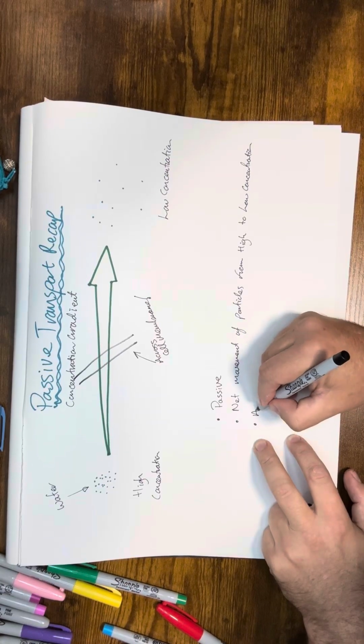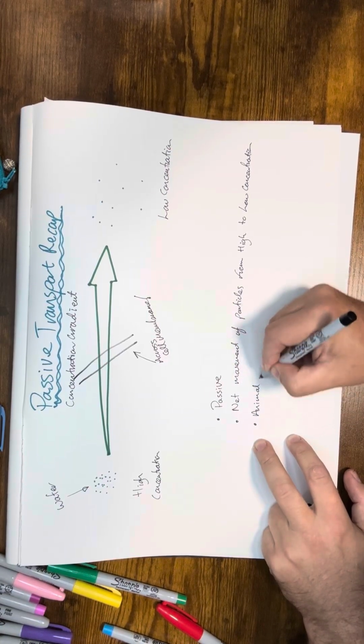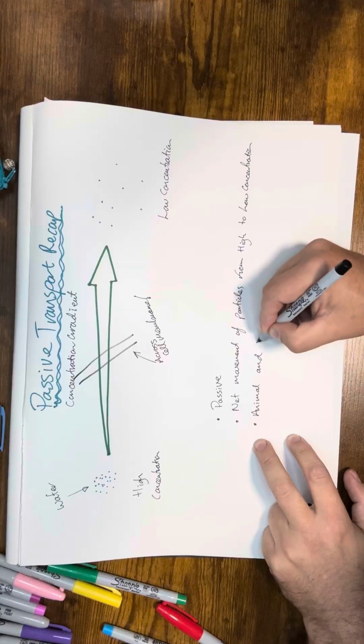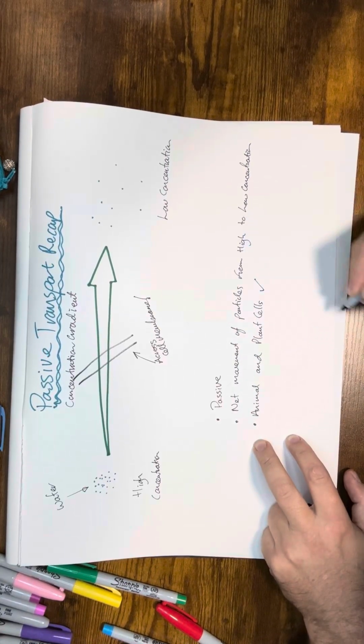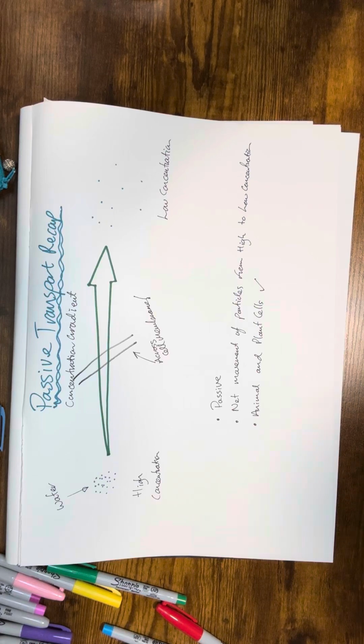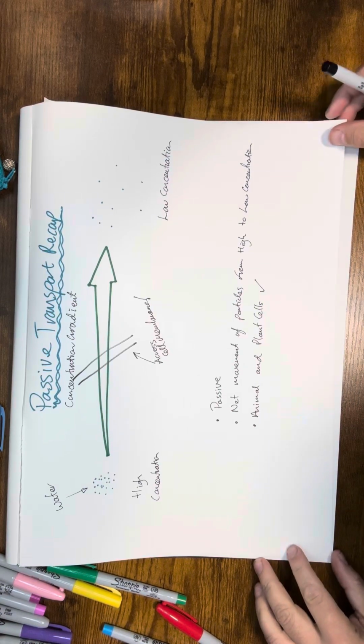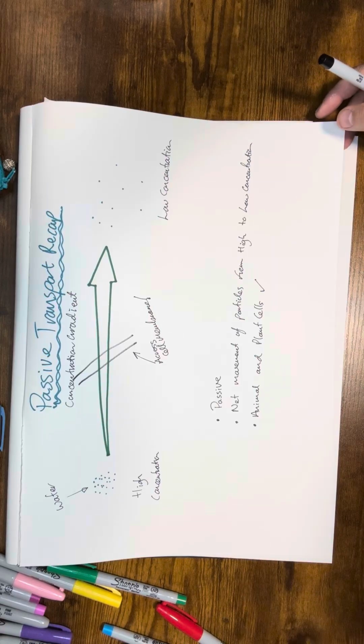And it can happen with animal and plant cells. It doesn't just happen in plant tissues, it can happen in both types of tissue, in both types of cell. Okay, so that's just a little recap on what passive transport is and how it relates to osmosis.